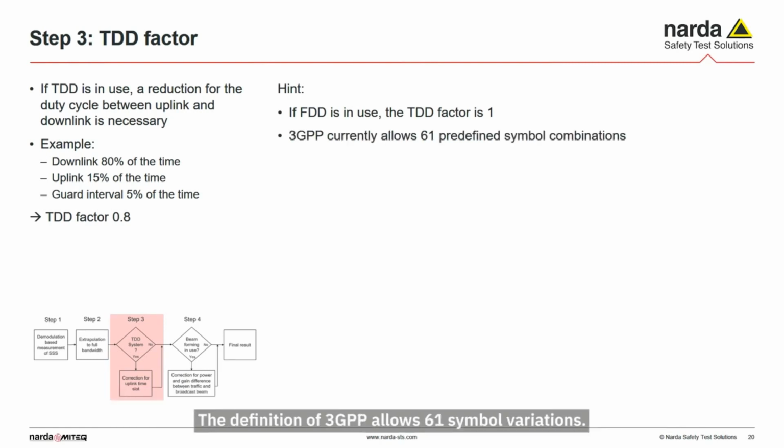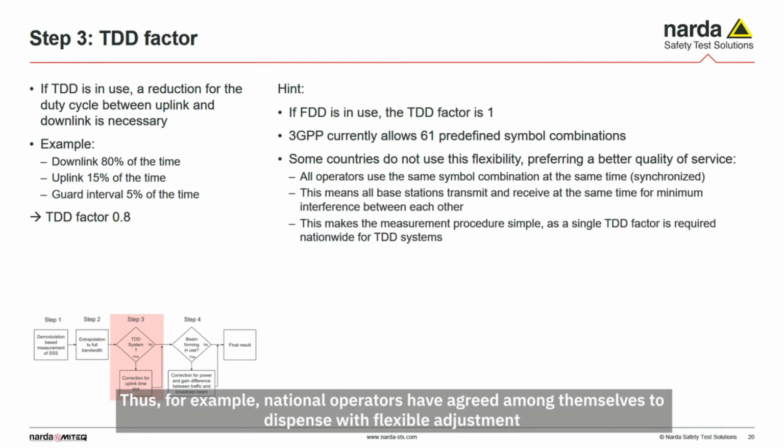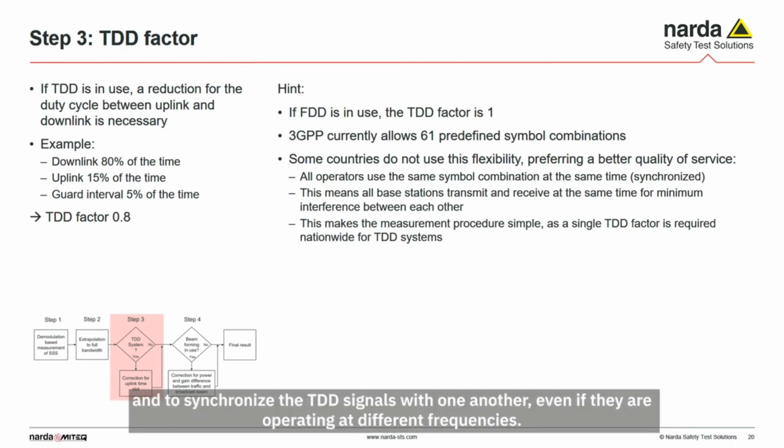The definition of 3GPP allows 61 symbol variation. Whether they are all used is another story. Thus, for example, national operators have agreed among themselves to dispense with flexible adjustment and to synchronize the TDD signals with one another, even if they are operating at different frequencies.